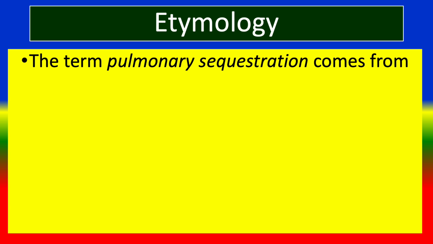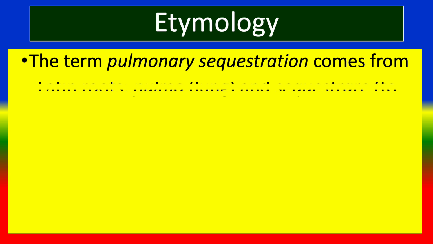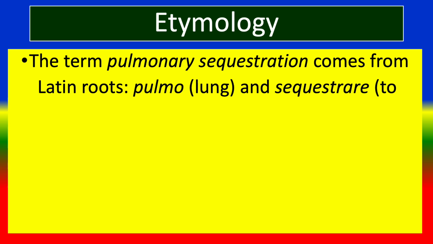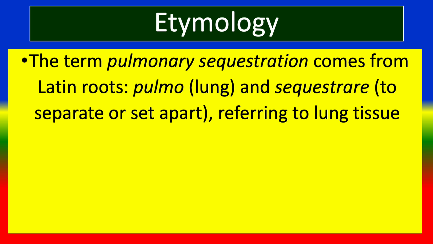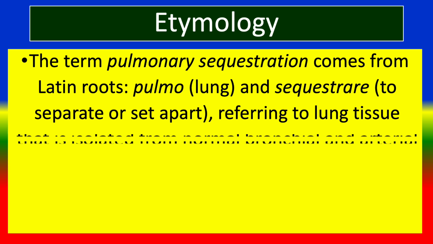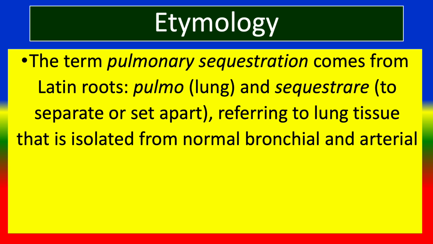Etymology. The term pulmonary sequestration comes from Latin roots: pulmo, lungs; sequestration, to separate or set apart, referring to lung tissue that is isolated from normal bronchial and arterial connections.